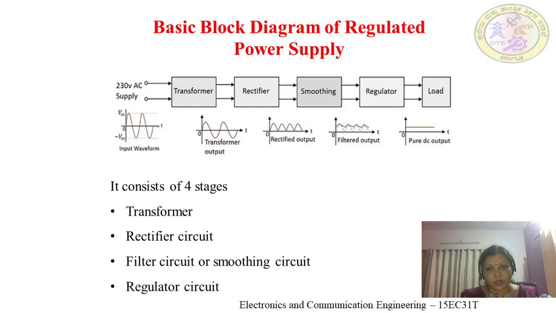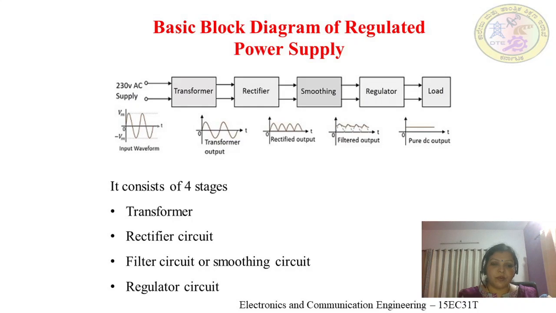We call that the pulsating or AC component present across the output of a rectifier. As it is not a pure DC, we can call it an unregulated DC output. As it is, we cannot use it as DC power to energize the load. So we are supposed to remove the AC component.